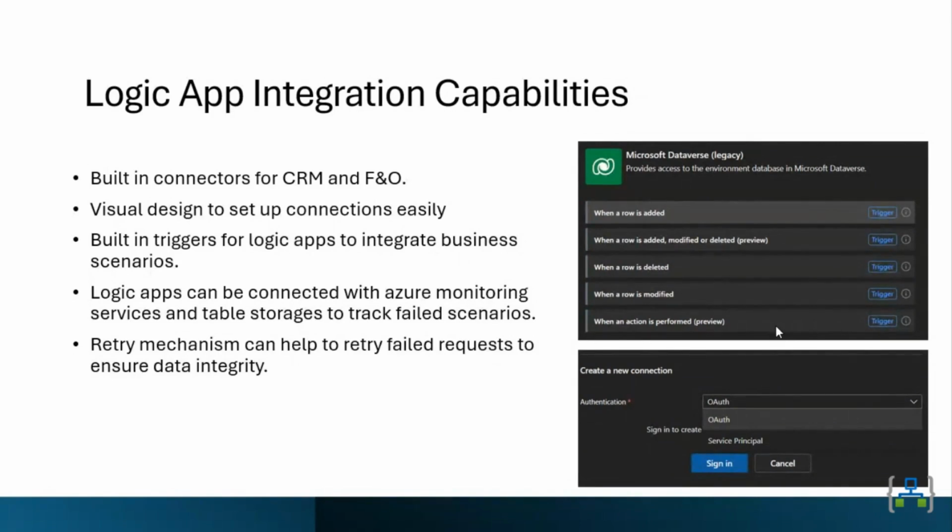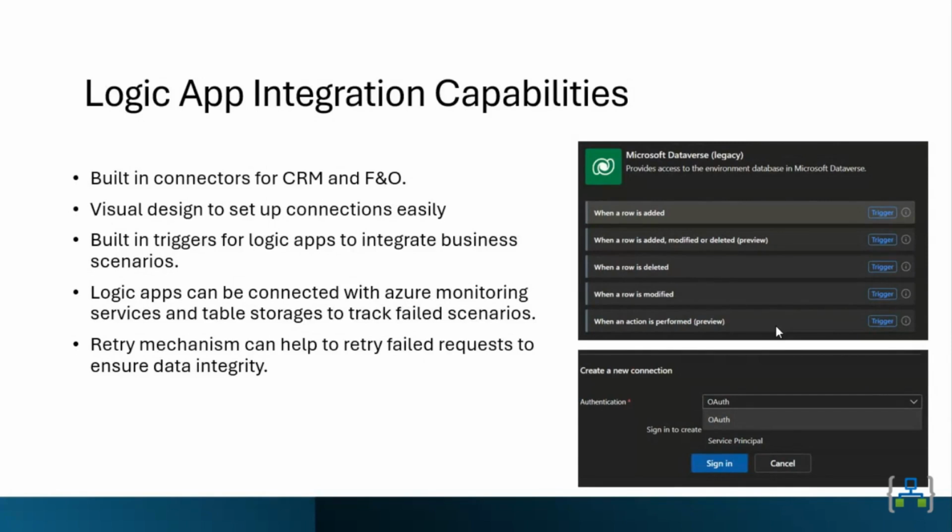And based on those failed requests, we can determine which request needs to be resubmitted, because not every request needs to be resubmitted. If there is some problematic data coming from the customer, we need to notify the customer. In that case, that particular request doesn't need to be resubmitted.